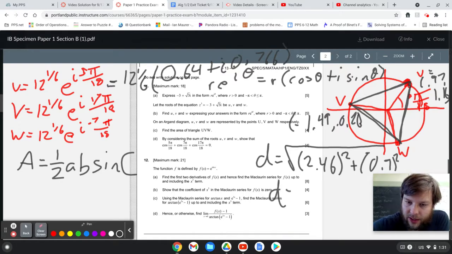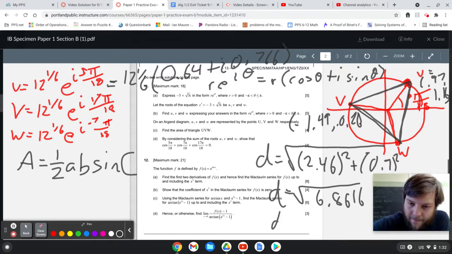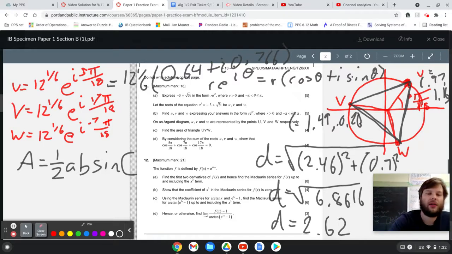So our distance is the square root of 6.8616. So I'll take the square root. So the distance is 2.62. So the area of that triangle is then 1/2 times a times b. So that's the same 2.62 squared.